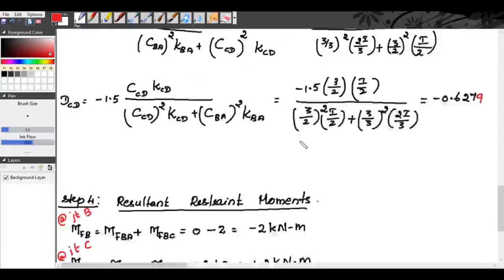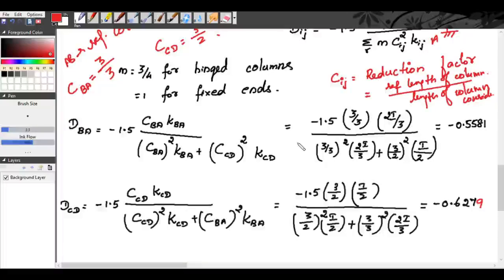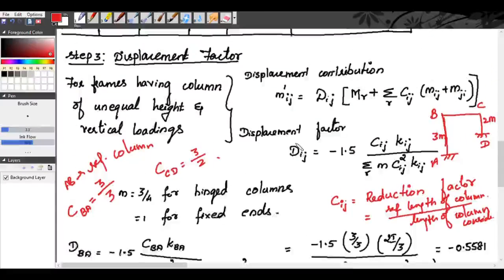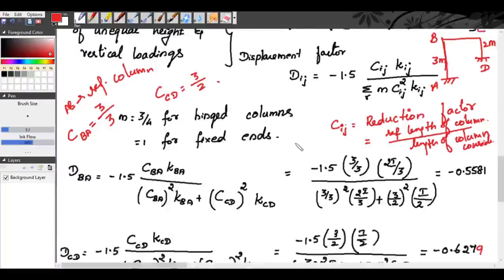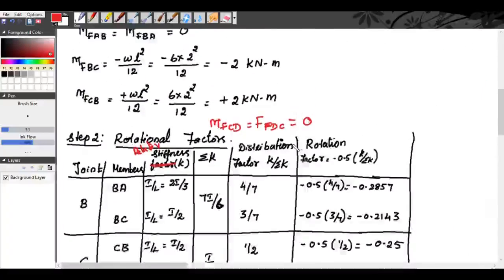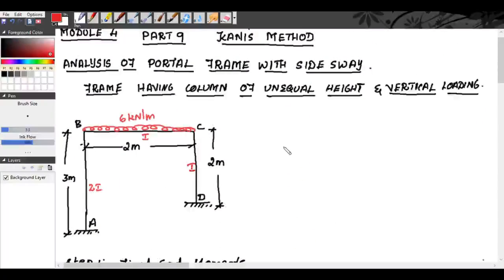Now, step 5, we will draw the Canny's iteration cycle.